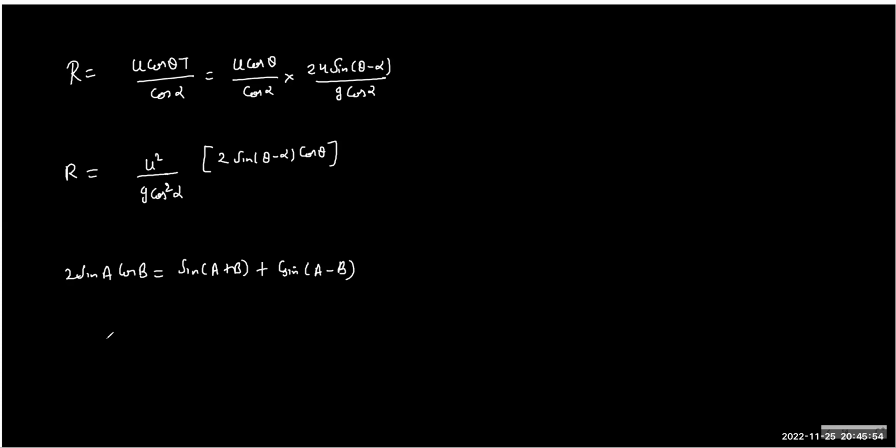So 2 sin A cos B is how much? Sin A plus B plus sin A minus B, right? Is this correct? Yes or no? Tell me. So why am I writing this?